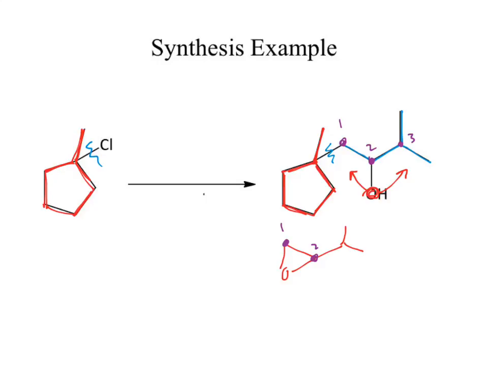Let's make it blue so I can color code these a little bit better. So we said the one position reacted over our 2, which means, what does that say about our red cyclopentane ring? Does it come in as a strong nucleophile or a weak nucleophile?